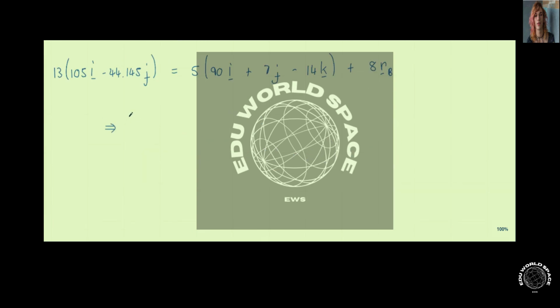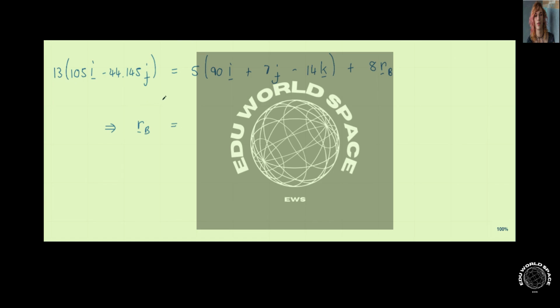So if you rearrange this equation, we find that Rb, so if we simply perform the scalar products on either side and then add like terms, we can solve for Rb.